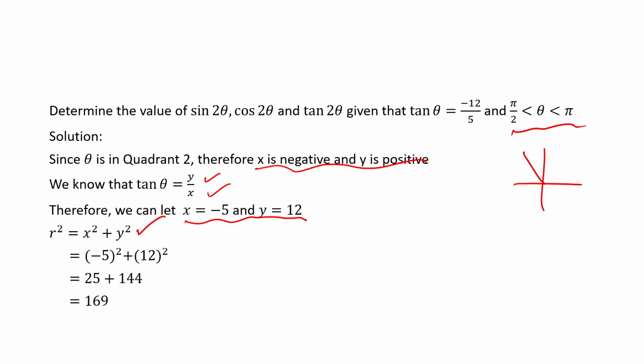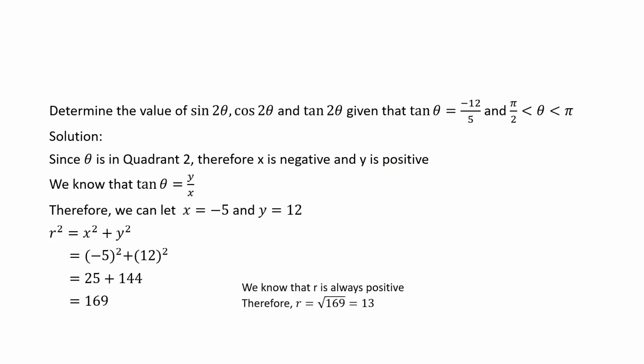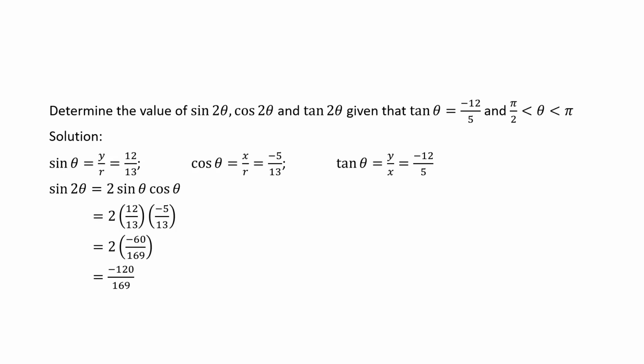Using the formula r squared equals x squared plus y squared, we ultimately find that r squared equals 169. R is therefore the positive square root of 169 because it has to be positive, and is therefore 13. So we can say that sine theta is 12 over 13, cos theta is negative 5 over 13, and tan theta is negative 12 over 5.